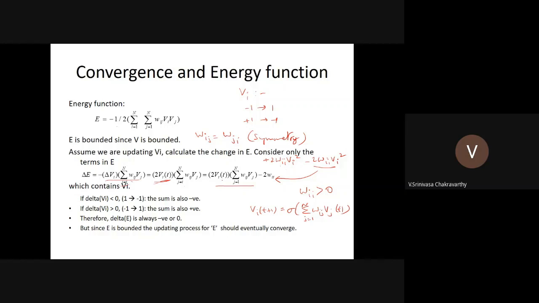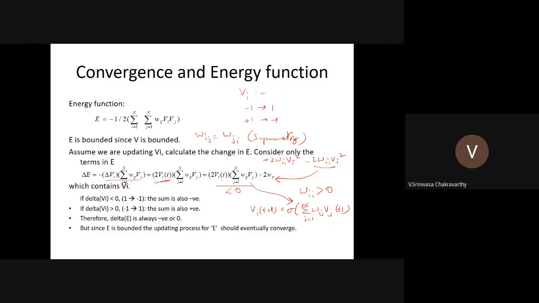So Vi at t+1 times Vi at t should always have opposite signs, because we are taking the case where there is a transition. So this product is negative, this is also less than 0, and this is also less than 0. So on the whole, delta E is less than 0, or equal to 0.